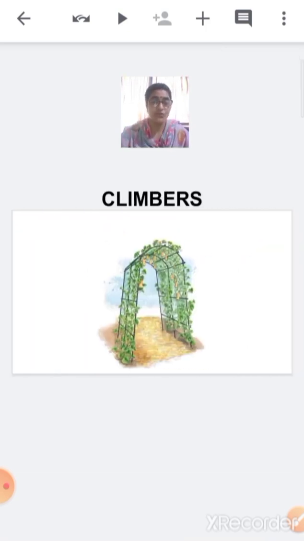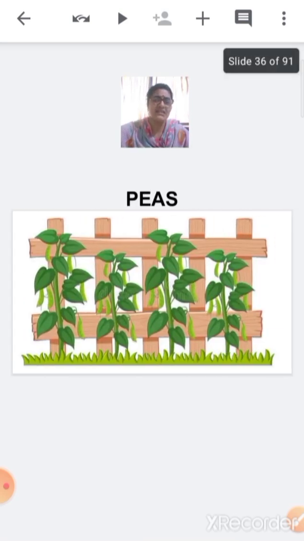Children, you all know some plants are so weak that they take support of other plants, walls or poles to grow. Okay, they can't stand on their own, so they take support of either walls or poles or even other plants, right? Yes, see, this is an example of climbers.